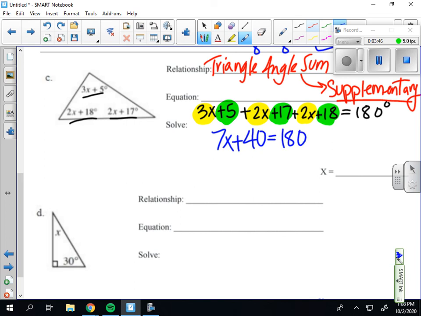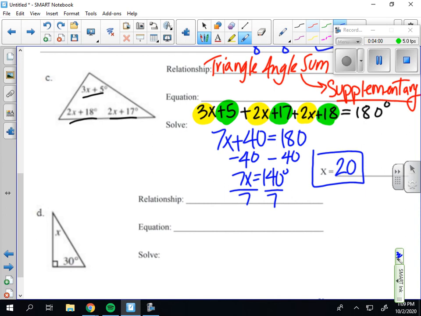And if I want to get the x by itself, first I'm going to take away 40 from both sides. 7x equals 140 degrees. In order to undo the multiplication, I want to do some division, so x is 20.